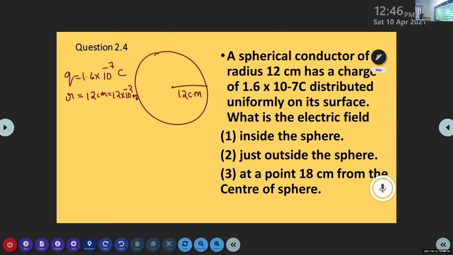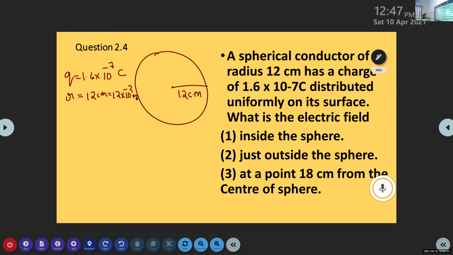And what is our question? What is the electric field inside the sphere? Anyone? What is the electric field inside a conductor? Yes, Gauri, say it louder. Yes, it is 0.